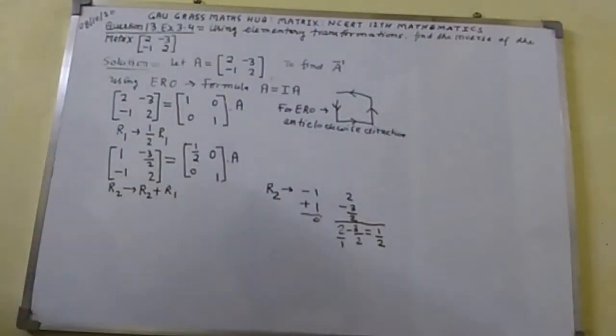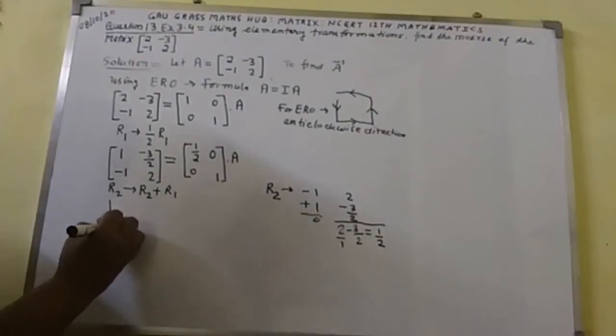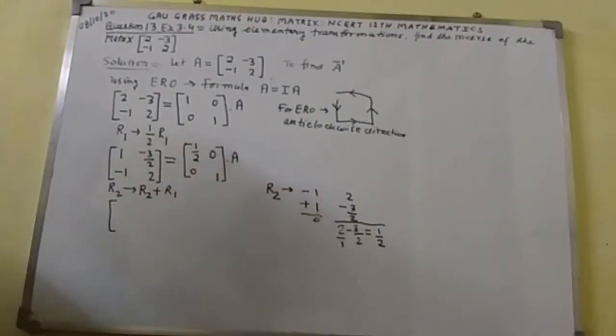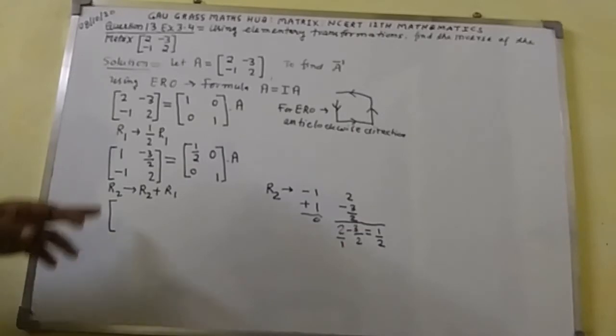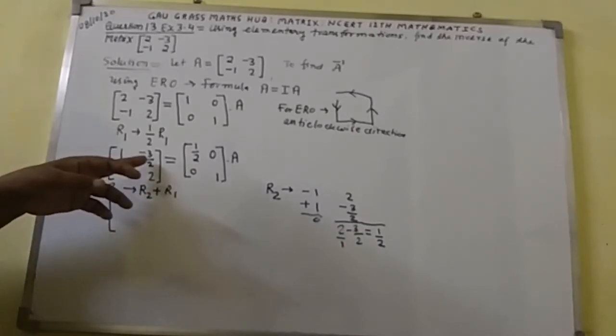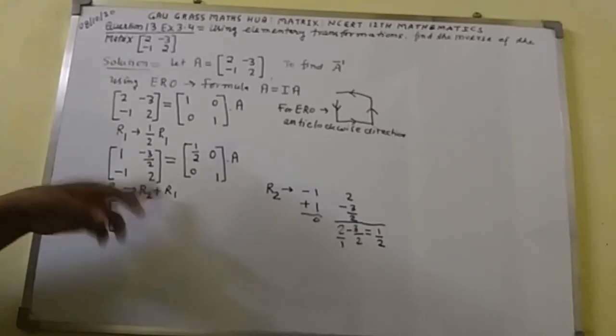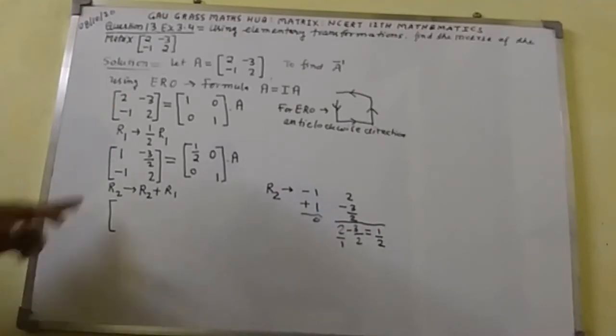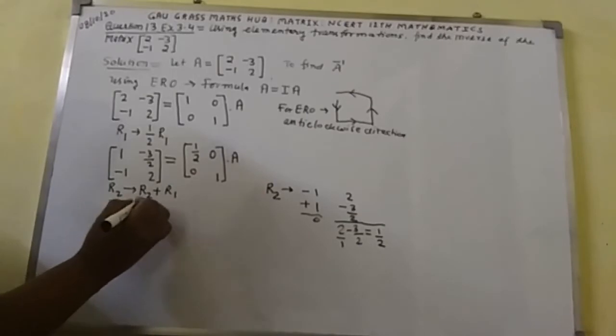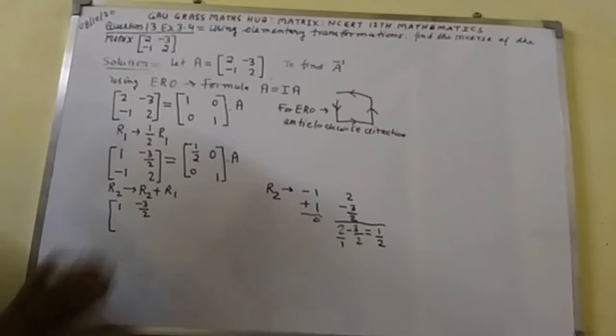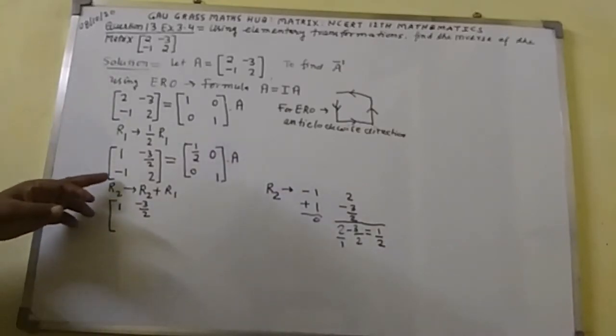So here I shall write, let us see. The elements of the first row will be written as it is, because here the property R2 goes to R2 plus R1 has been applied. But there will be no change in the elements of R1 here. So here I shall write the elements of R1 as it is. And there will be changes only in R2.